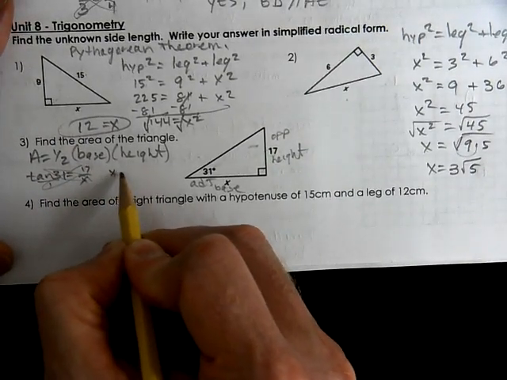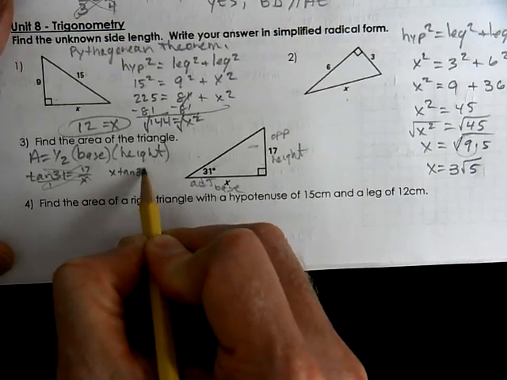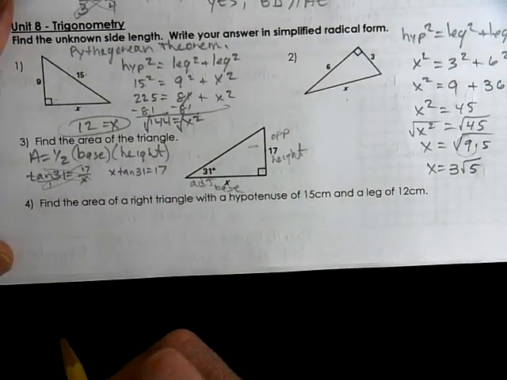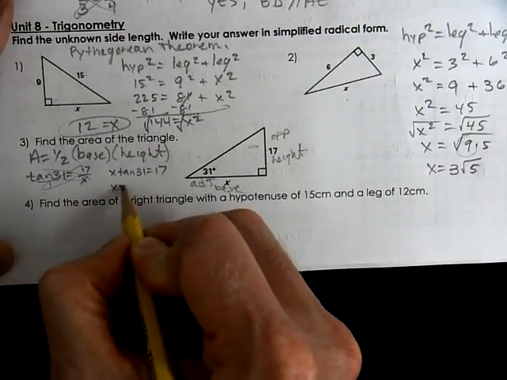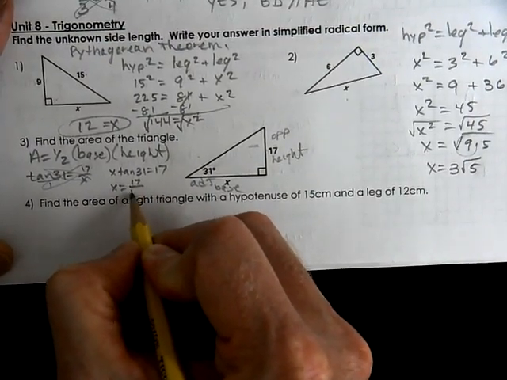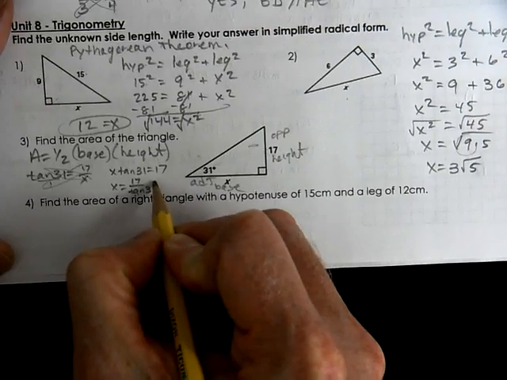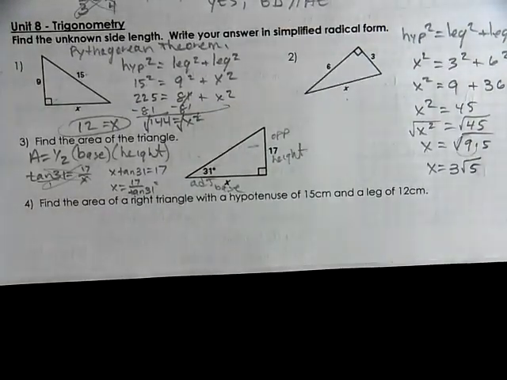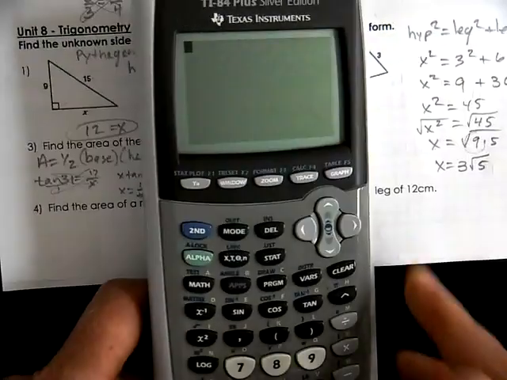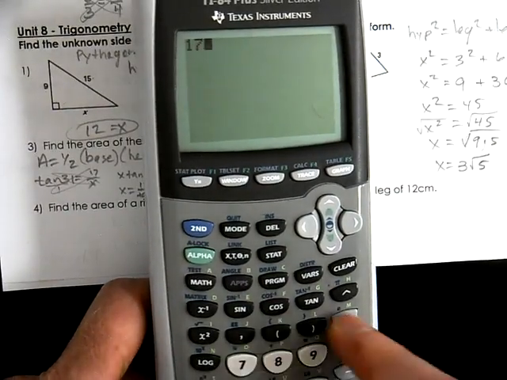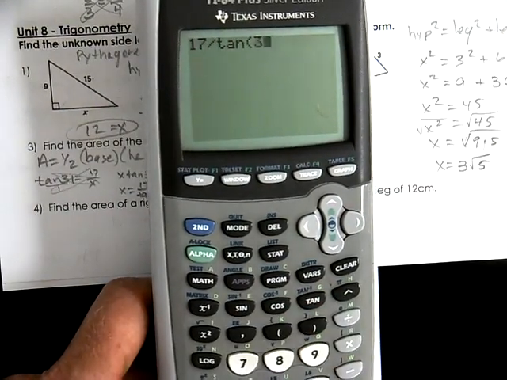That's going to tell us x times the tangent of 31 equals 17. Now we're going to divide by the tangent of 31.